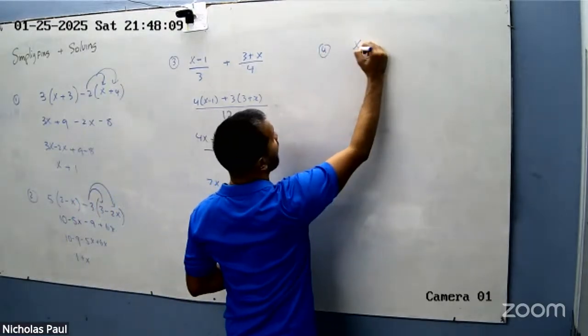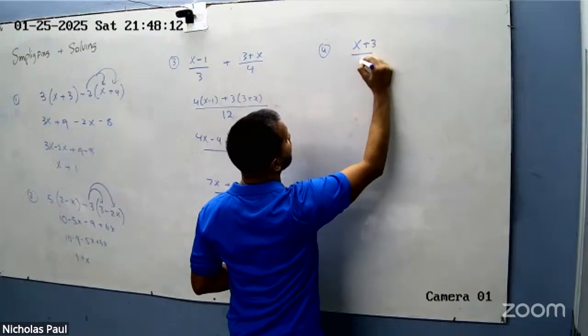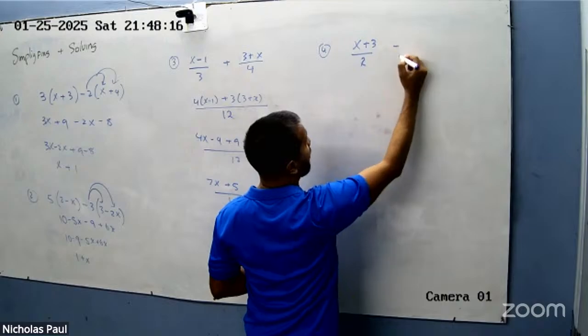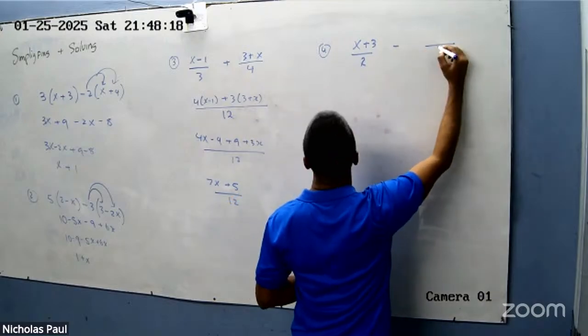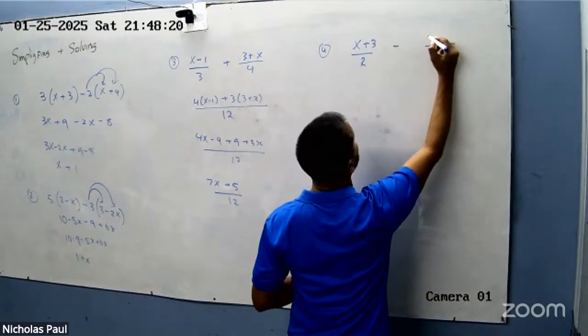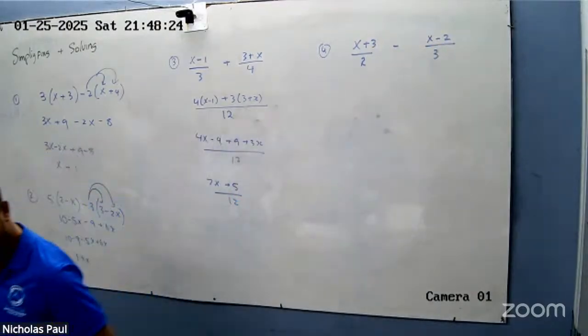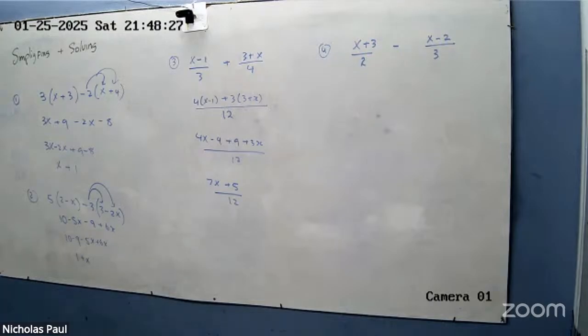You try one, and I'll make it more complicated for you. Minus sign. Try that there. Take your time, follow the same steps, right?